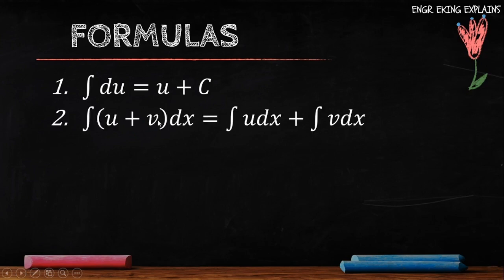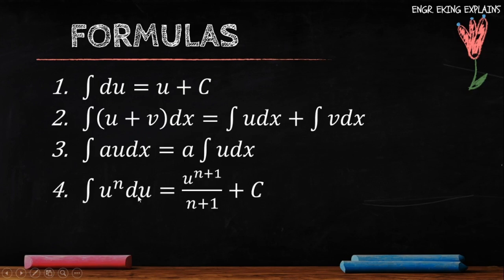Then we have the linearity or distributive property. The integral of u plus v dx is equal to the integral of u dx plus the integral of v dx. Then the integral of a u dx is equal to a times the integral of u dx, in which a is a constant.